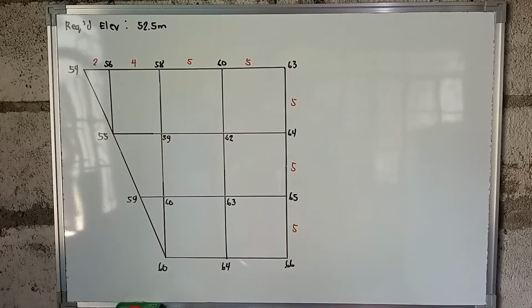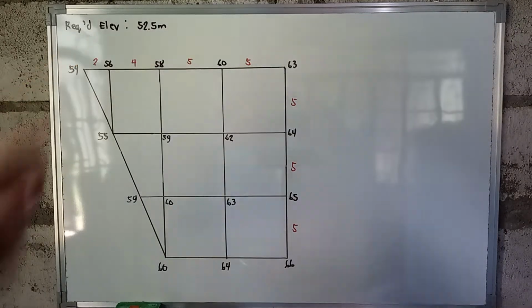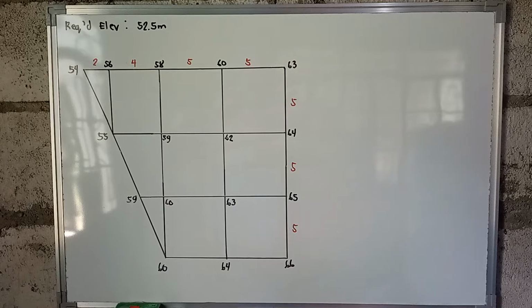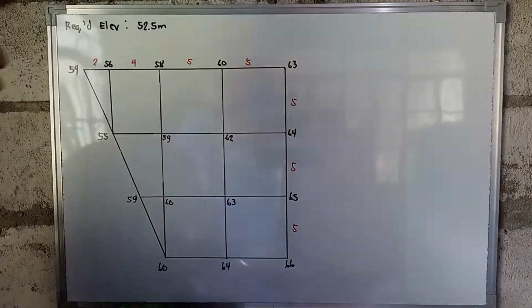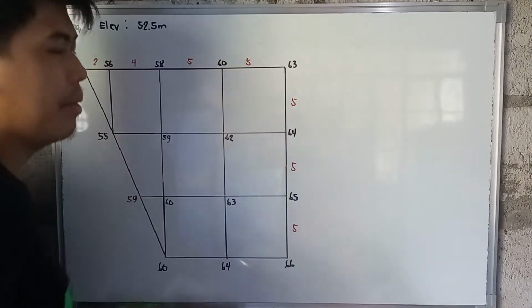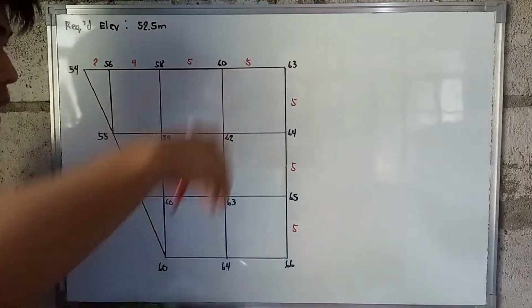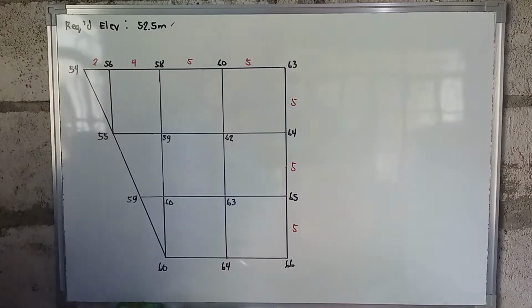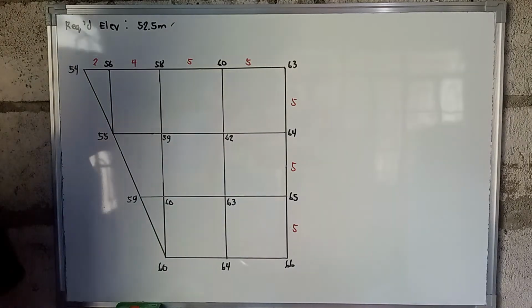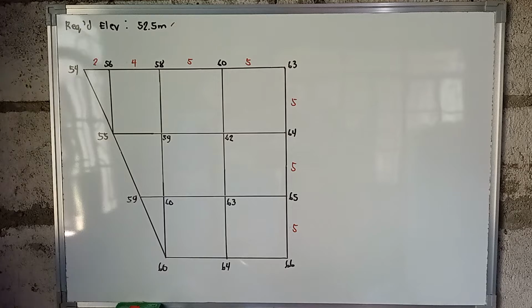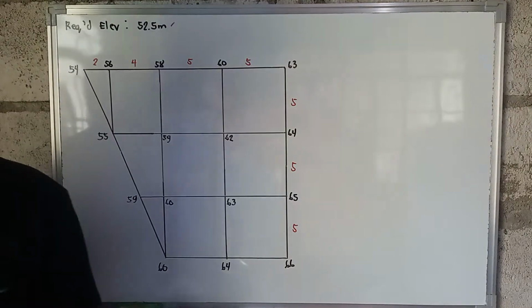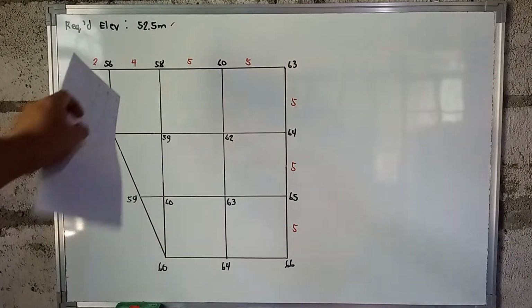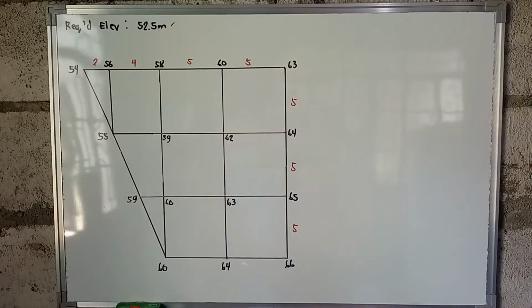So, in our given example, papatagin daw yung ating lote at an elevation of 52.5 meters. Meaning to say, at this point, i-excavate natin yung sobra para mapatag natin siya at an elevation of 52.5 meters. So, paano natin malalaman kung ano yung volume na mawawala dito sa trapezoidal lot natin?